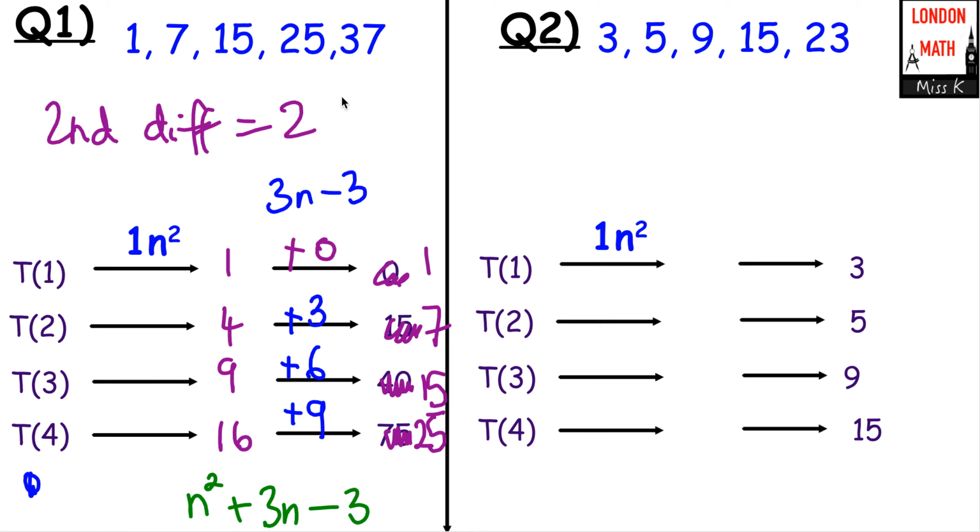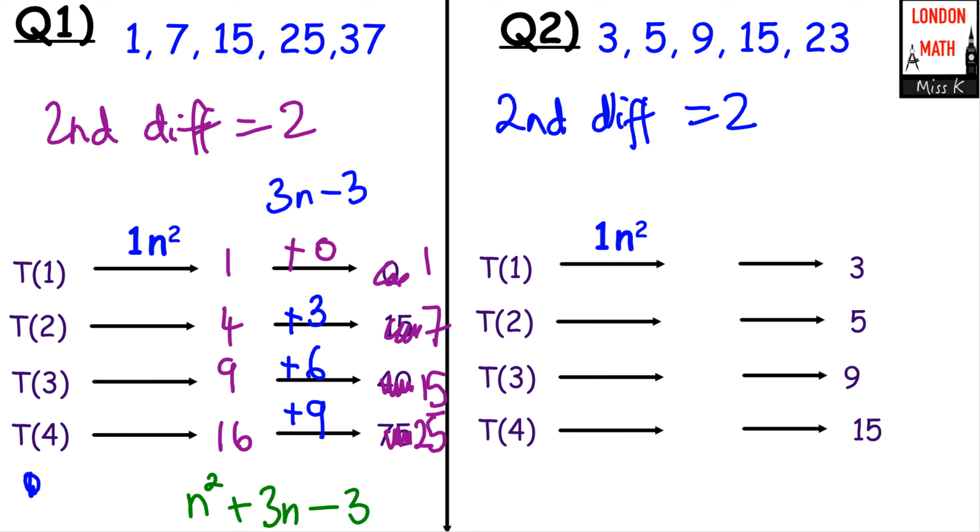Okay, so we've got our formula there, so whilst I was doing that, you could work out the second difference. Now the second difference, just to confirm, is actually 2. So my second difference is 2. So what that means is if I half 2, I get a 1 in front of the n squared.